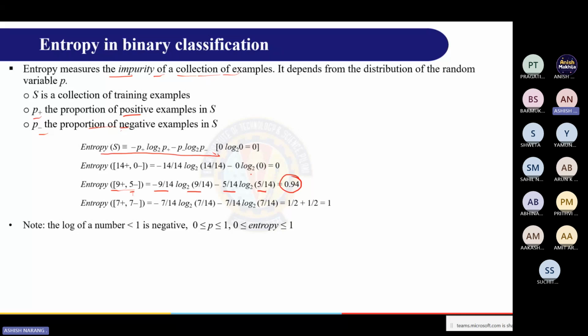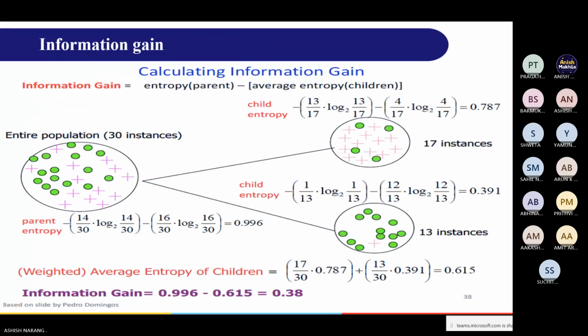The value being close to 1 means higher impurity, right? 7 and 7 is the highest impurity. We already calculated this. It is also documented here. Now, how do I calculate the information gain value that we were talking about?